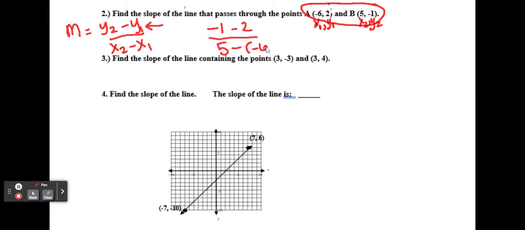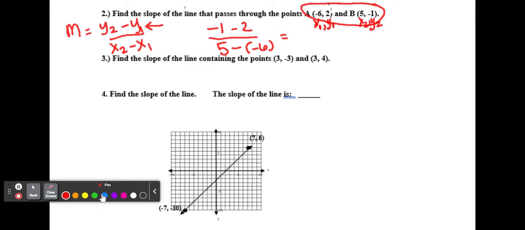Negative 6. Notice you're subtracting a negative. Know your integers, it's going to be a little tricky down there, but negative 1 minus 2 on Desmos, or if you're good with integers, keep change, is negative 3. And on the bottom, you're going to get an 11.